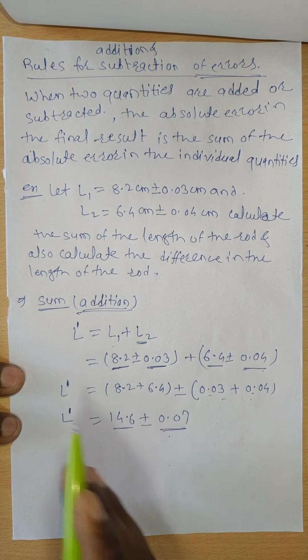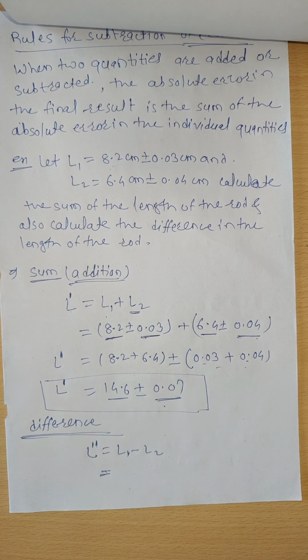Next we take the difference between their lengths. Now in that case we take L double prime, which is equal to the larger quantity minus the lesser quantity. Which length is more? L1 is more, so that is L1 minus L2. While taking the difference, we take the difference between their true values, but we add their errors.